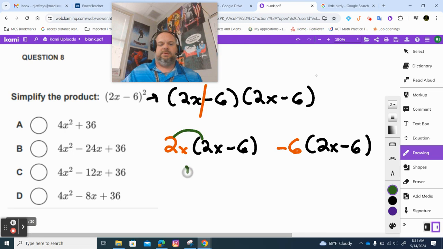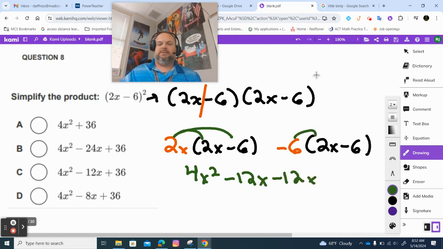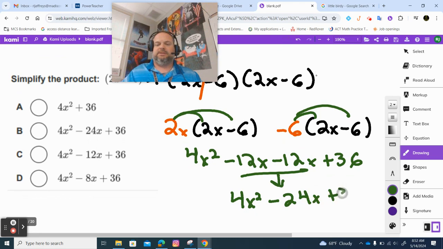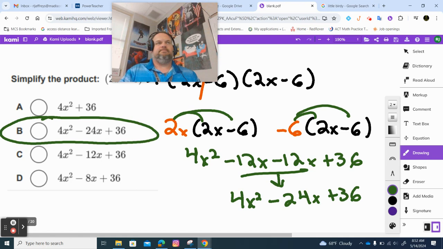Okay, this would be 4x squared minus 12x minus 12x plus 36. 4x squared minus 24x plus 36. This is still a polynomial.